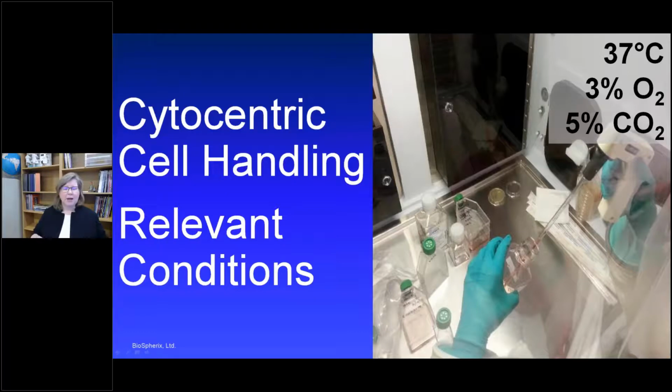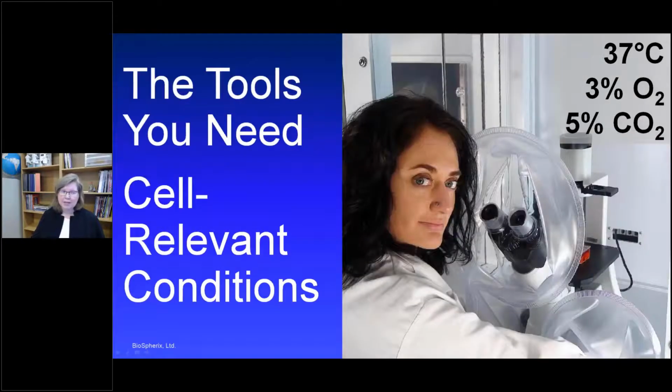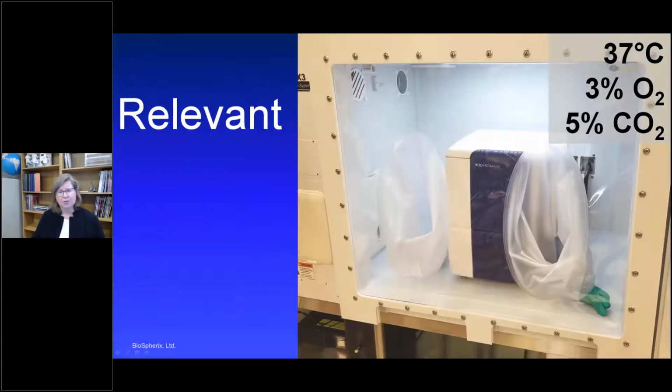More generally, this module acts as a giant incubator that you can reach your hands into and handle your cells in without them ever having to come out here into people-centric room air conditions. And you can have all the tools you need inside to study your cells in these cell-relevant conditions. Microscopes, flow sorters.